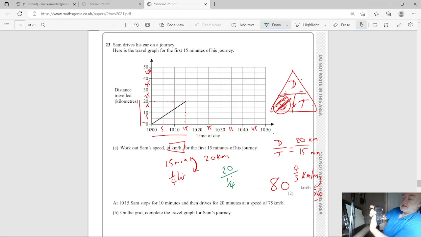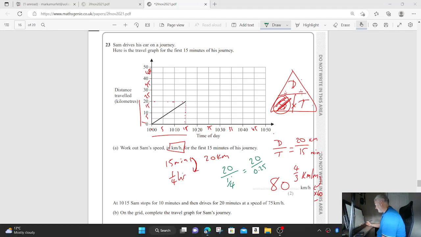That gives you 80. Now, it's not mathematically correct to put a fraction as the denominator of a fraction. It would be more correct to put it like 0.25, because it's a value we can use. But your calculator will work it out anyway, so like I say, use your calculator.